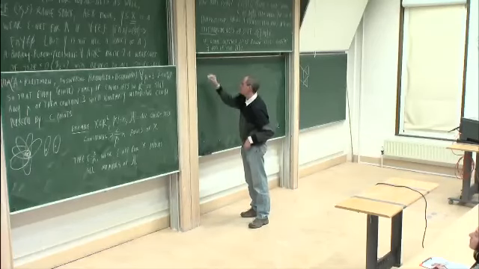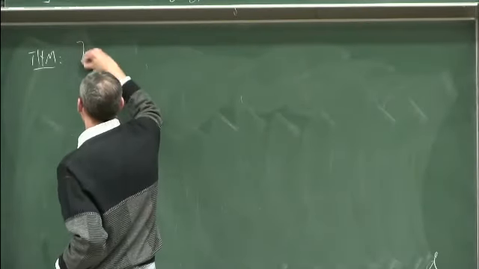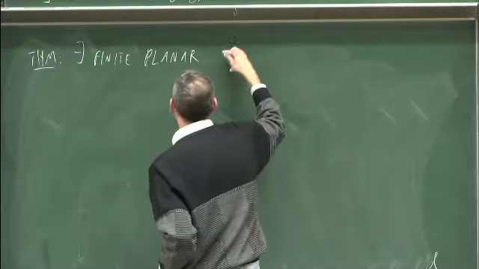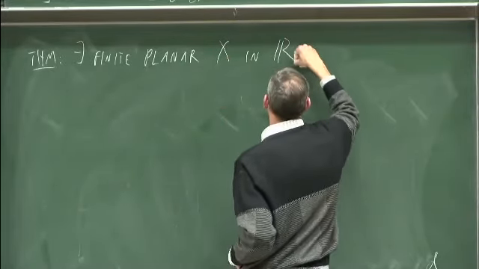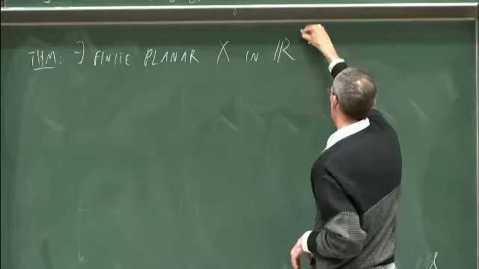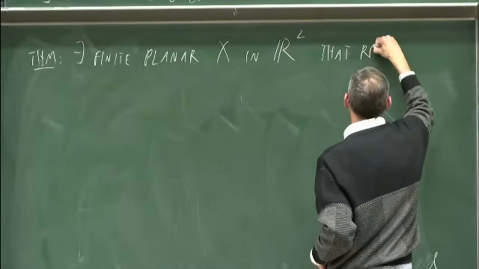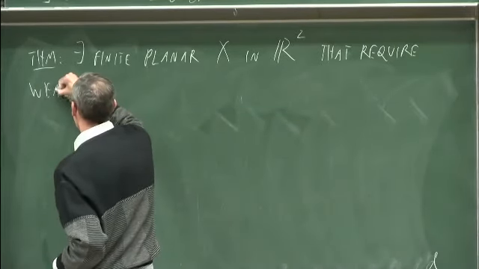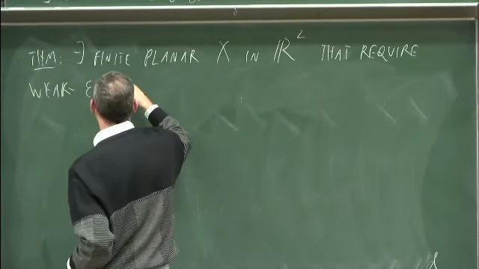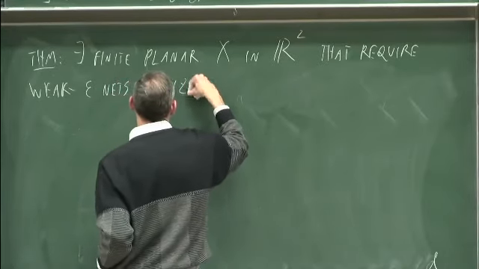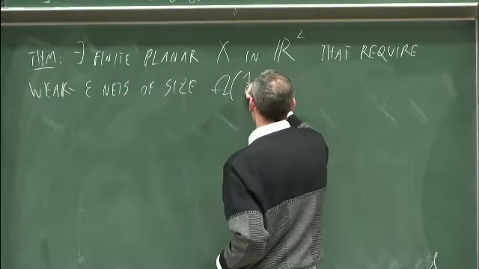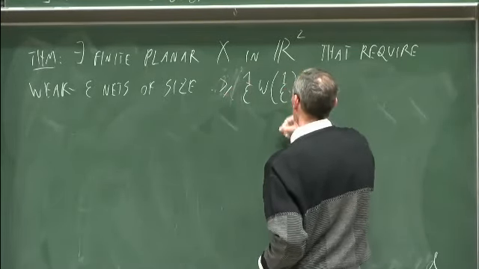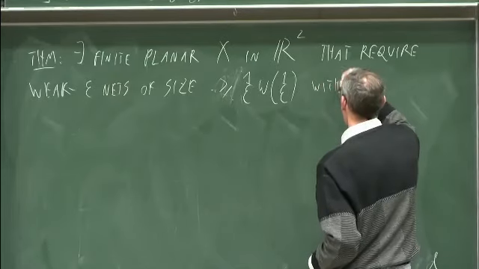So this will also be a theorem that there are finite planar sets in R^2 that require weak epsilon-nets of size at least 1 over epsilon times inverse Ackermann of 1 over epsilon, and again with respect to lines.